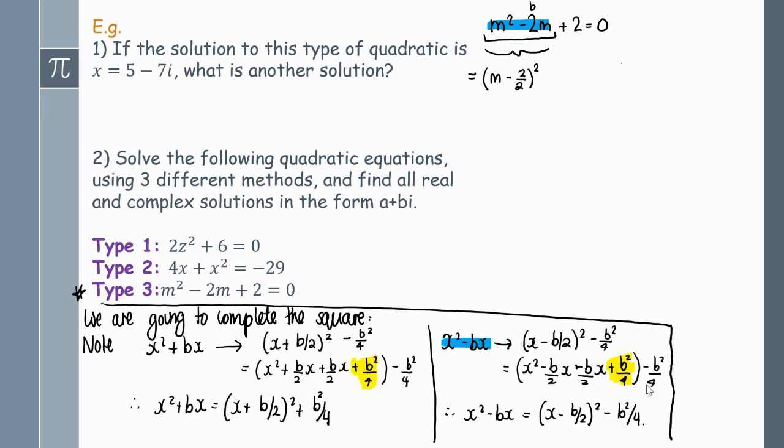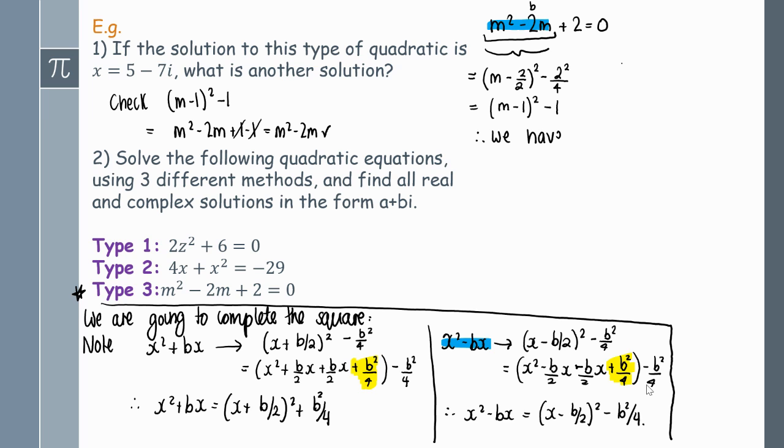We can write this as m minus my b, which was 2, over 2 all squared, but remember I have to subtract b squared over 4, or 2 squared over 4, to make sure I haven't added on anything extra. If I simplify that, I'll get m minus 1, from the 2 over 2, all squared, minus 1, and that's from 2 squared over 4. Again, that's just 1. And you can check by expanding your m minus 1 squared minus 1 and make sure that gives you back m squared minus 2m, which it does.